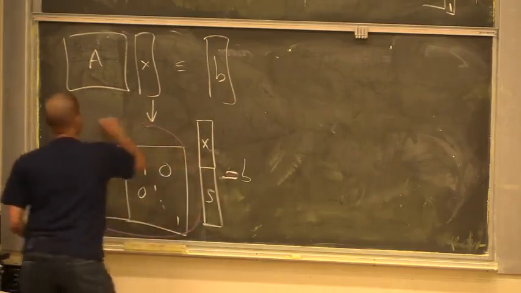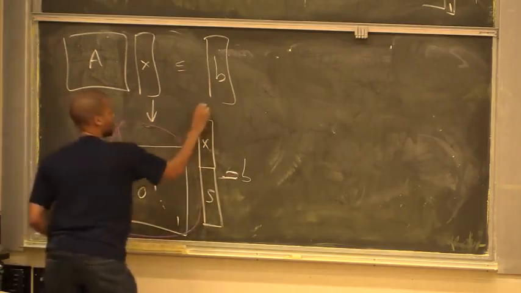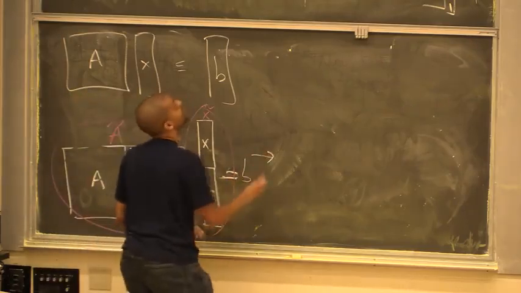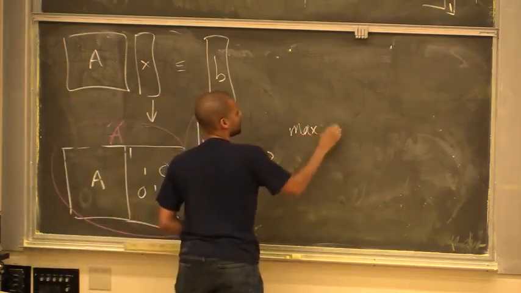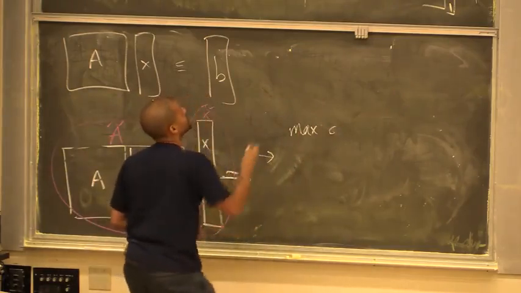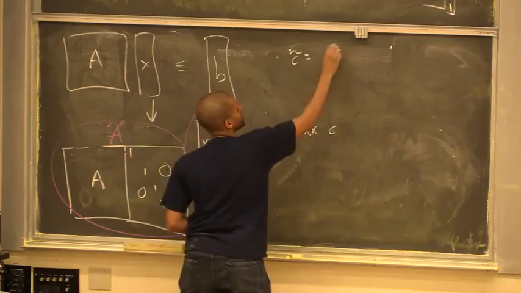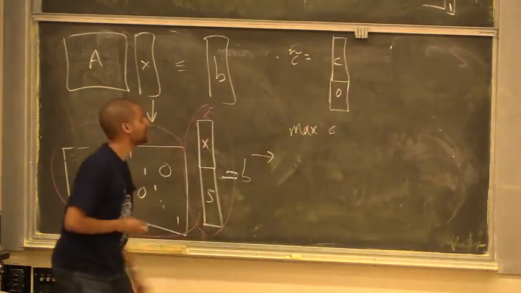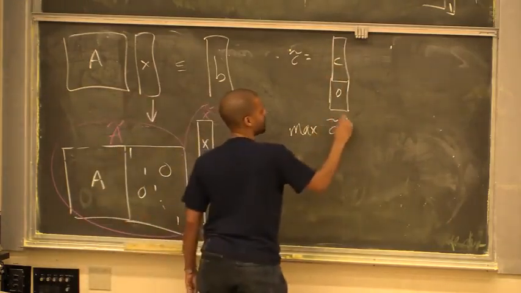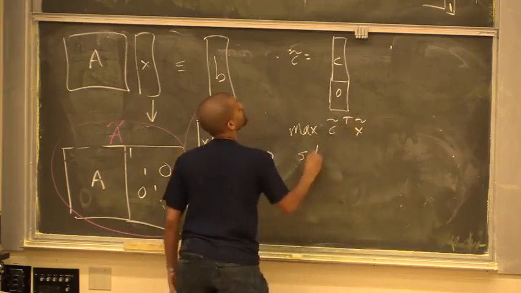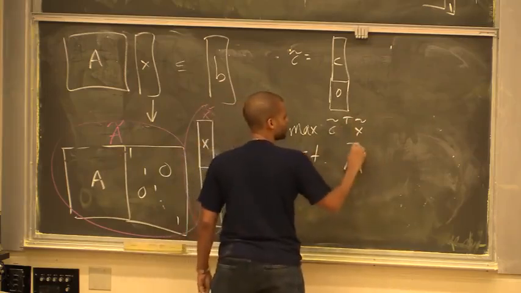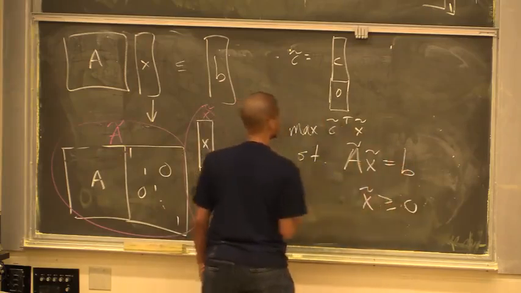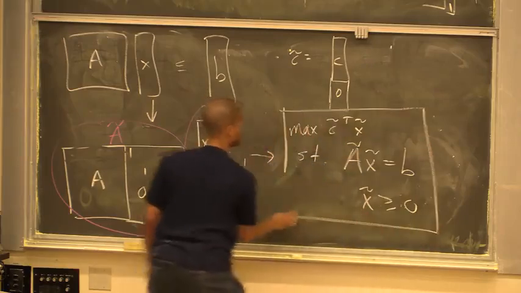Let me just give these new things names. This I'll just call A tilde, and this I'll call x tilde. So what I have at the end of the day is max, and then I can also make a new c. c tilde is just the original c with a bunch of zeros tacked on. So I can say max c tilde transpose x tilde subject to A tilde x tilde is equal to b, and x tilde is at least 0.